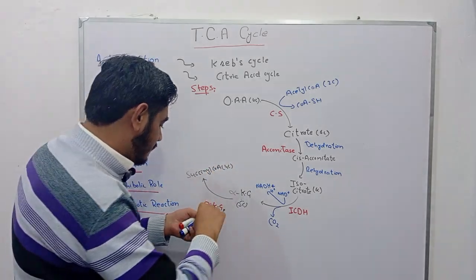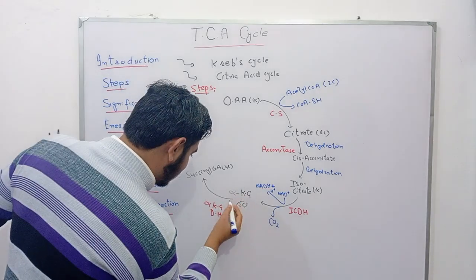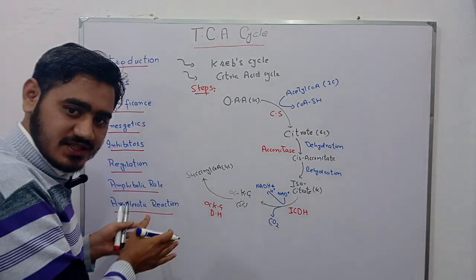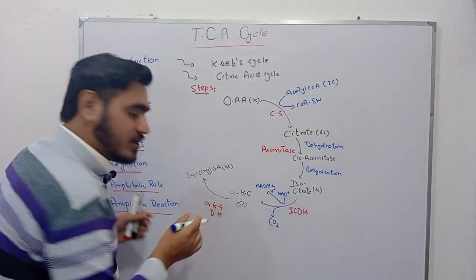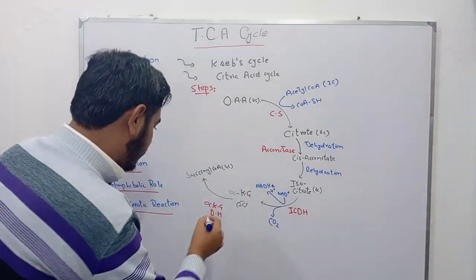Basically here the carbon is released in the form of carbon dioxide, and coenzyme A also gets incorporated.